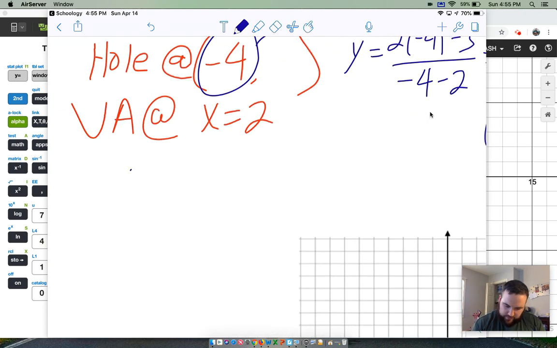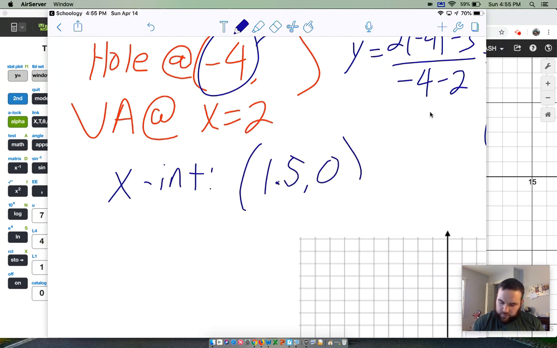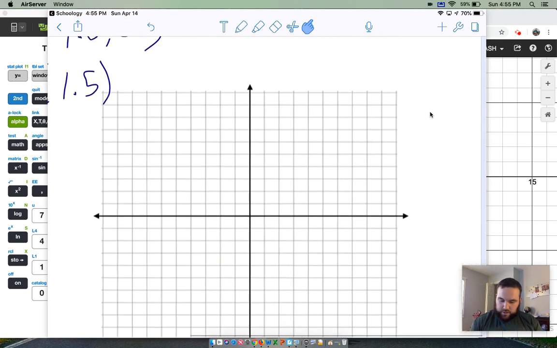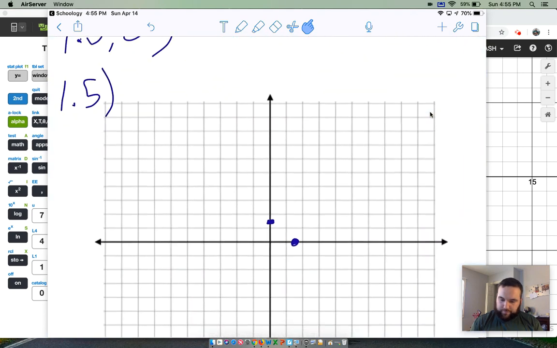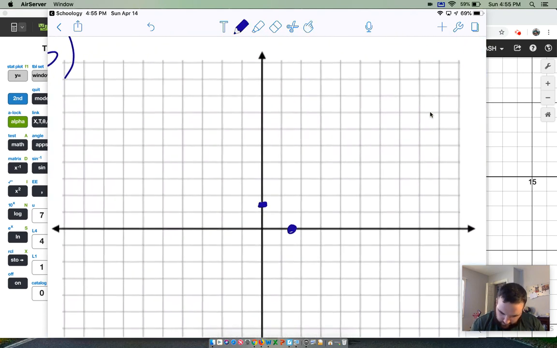So the x-intercept is 1.5, 0, and the y-intercept is 0, 1.5. Right there is 1.5, 0, and 0, 1.5 is right there. -4, 1.84 is the hole in the graph.